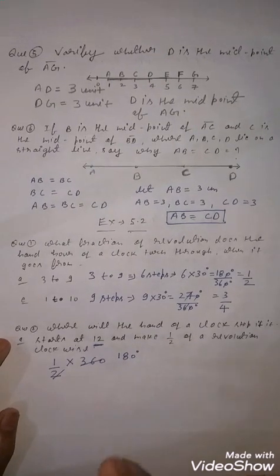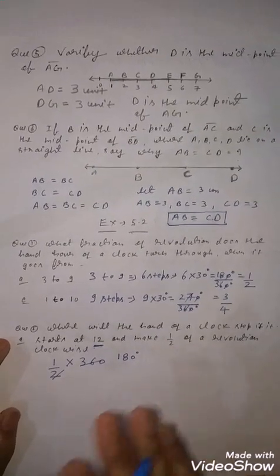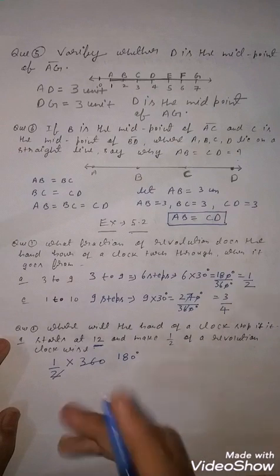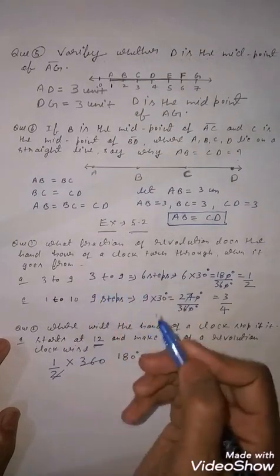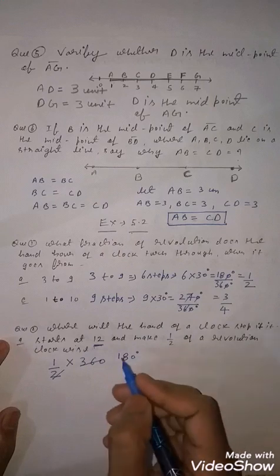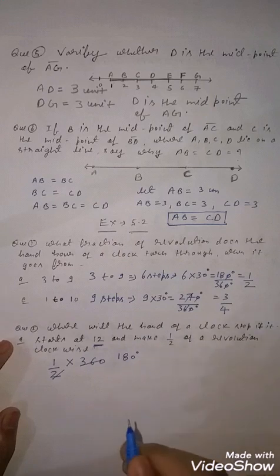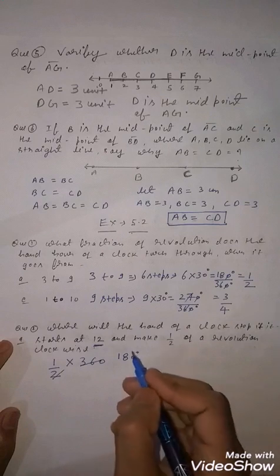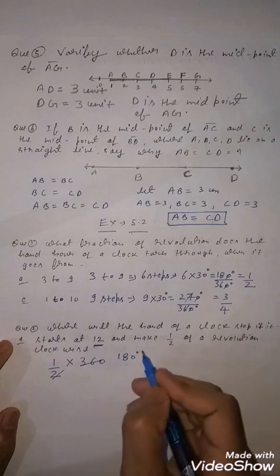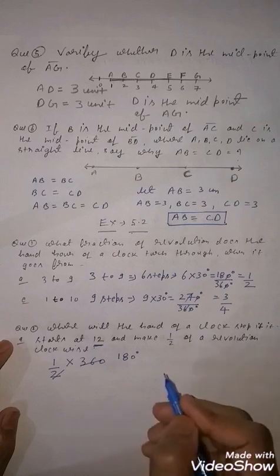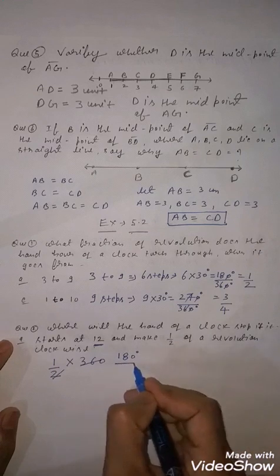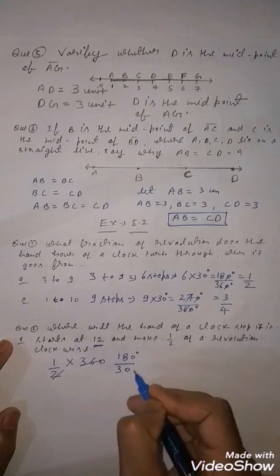Now if you know the steps, then you can find out the time. Clear? Because here the step you know, that 6 steps, so 3 to 9 was 6 steps. Here 180 is given. So 180 means how many steps? How will you find out? You know that the angle between 1 and 2, 2 and 3 is what? 30 degrees. So you will always divide it by 30 degrees.